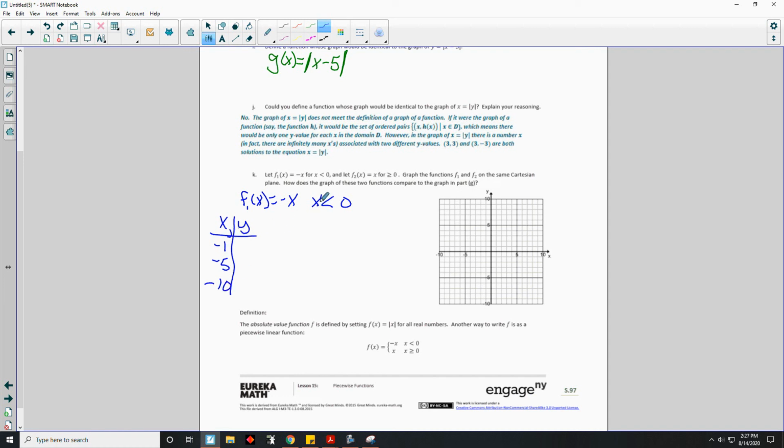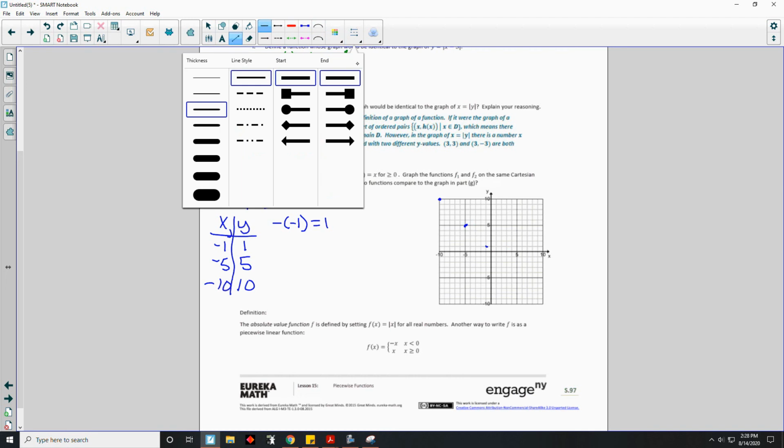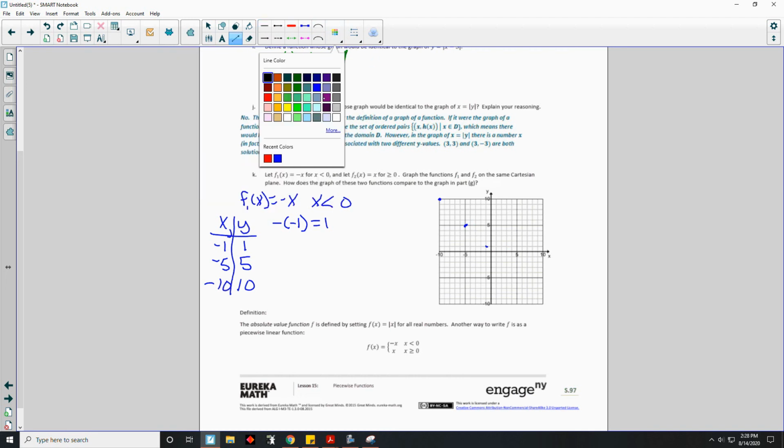What this is saying is when you pick those values, you plug it in here. So it would be f of x equals the negative of this negative number. Well, that would mean a negative, negative 1, which equals positive 1. A negative, negative 5 would be 5. And a negative, negative 10 is 10. So that'd be negative 1, 1, negative 5, 5, negative 10, 10, and then connect the points.